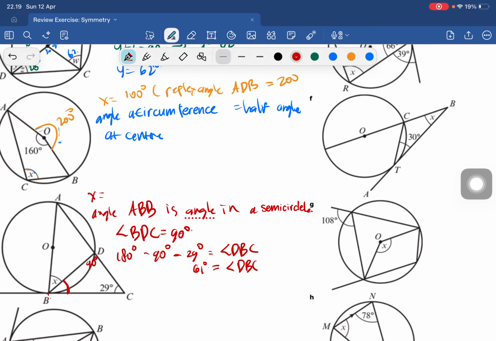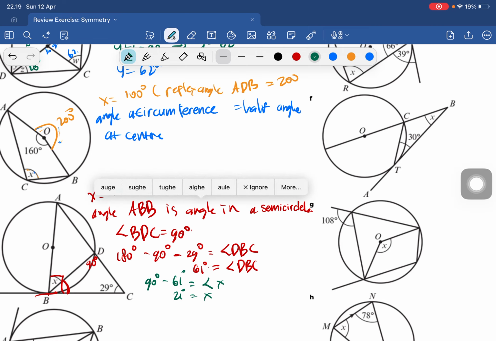However, for X, look at this is the tangent, so they are making 90 degree. So just make it 90 degree minus by 29 degree is gonna be angle of X. So angle of X equal to not 61, it's gonna be 21 degree. So the X is 21 degree.